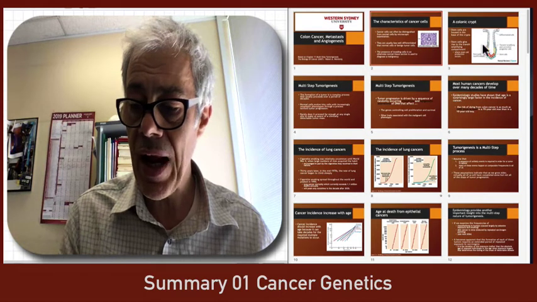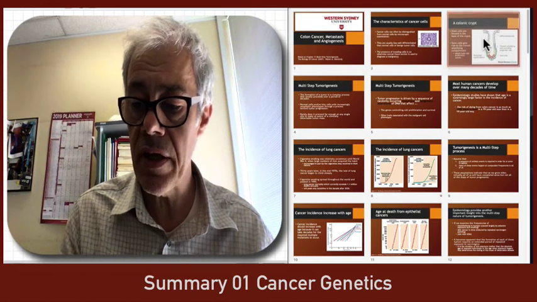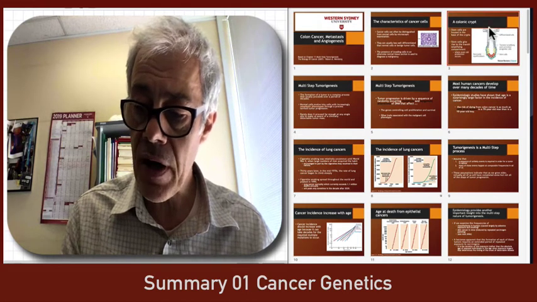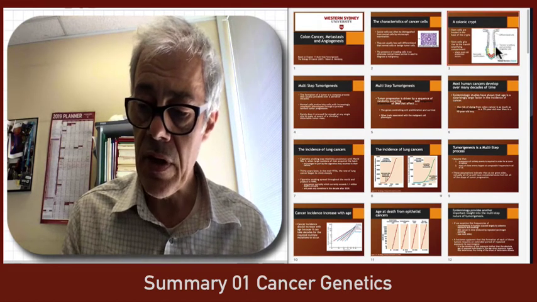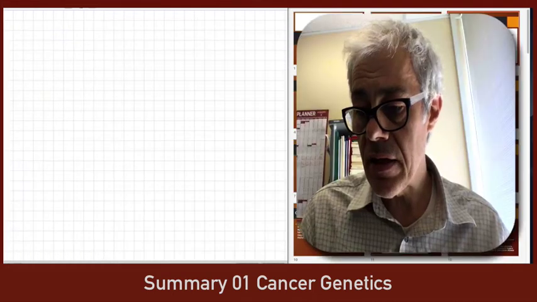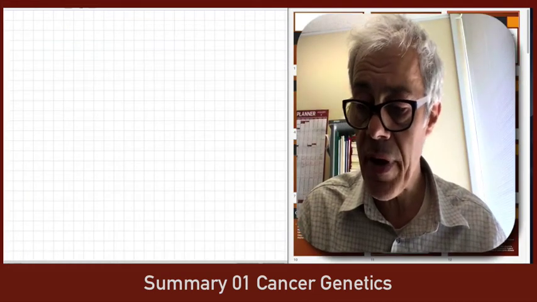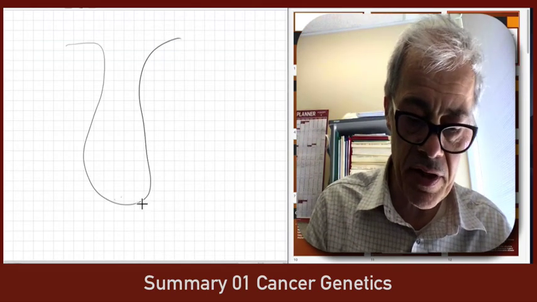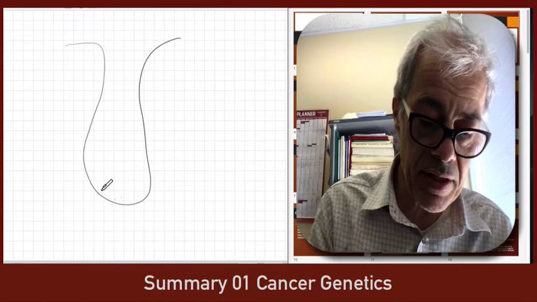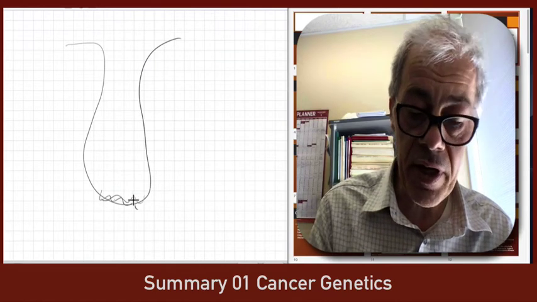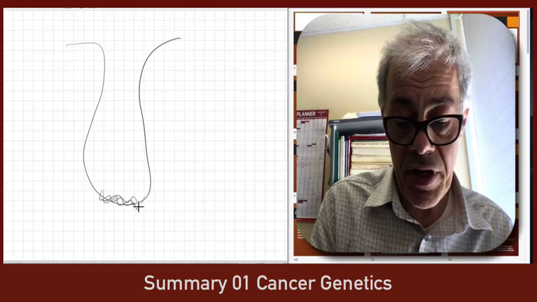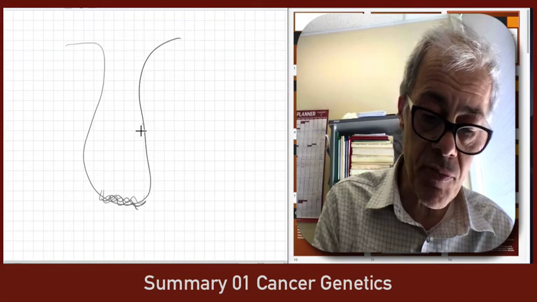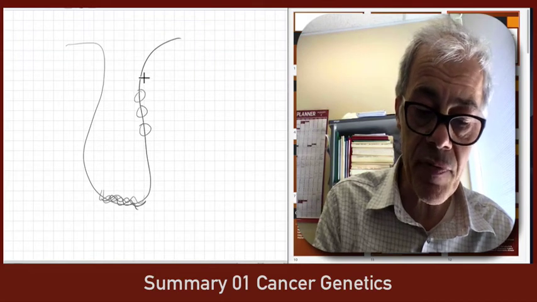And just to give a bit more clarity to that, I included this slide here, which shows a profile of one of these crypts, and it highlights at the base here the stem cells. These stem cells are constantly growing and dividing, and when you get mutations in these cells, those mutations are propagated in these transient amplified cells.